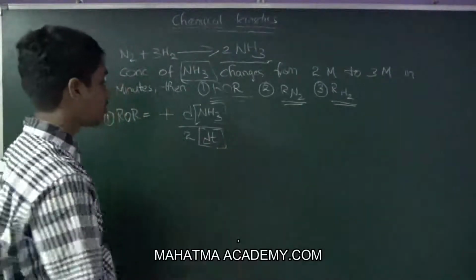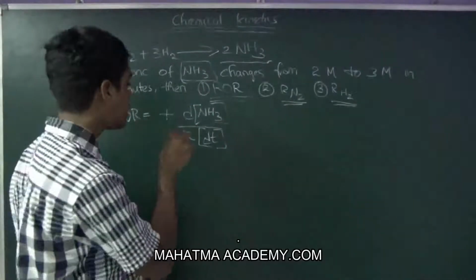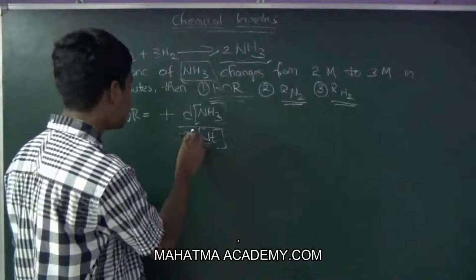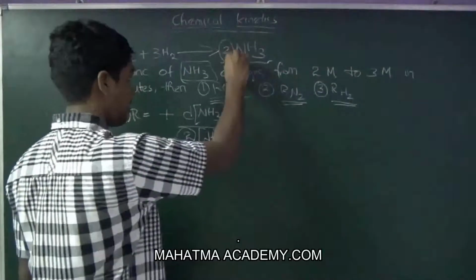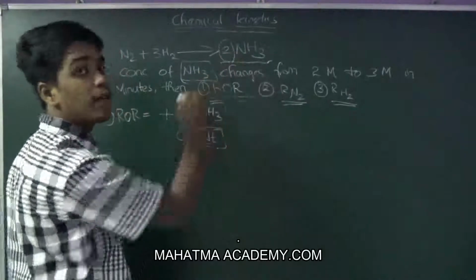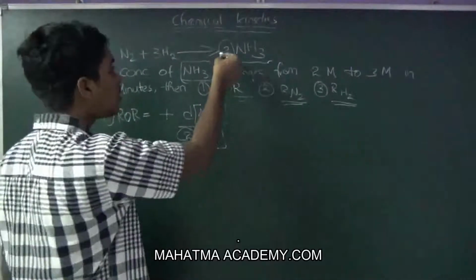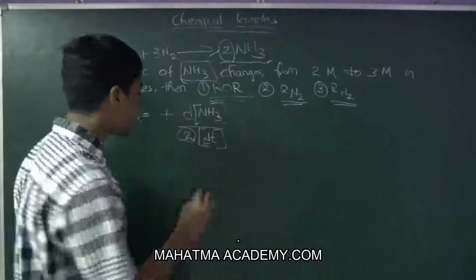Now why do we make 2 down at the denominator? Because on the product side it is 2. As the stoichiometric coefficient, if we do not include 2 here, we get a false value.